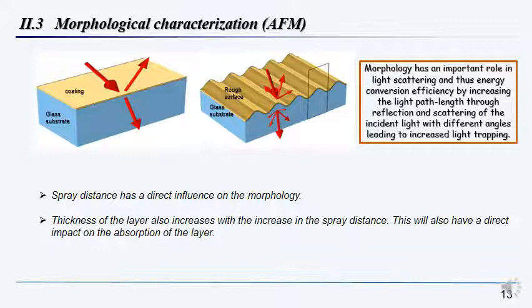Also, it is useful to mention that it has an indirect influence on the haze factor of the TCO layer that will increase as the spray distance increases. And furthermore, we have seen that the thickness of the layer also increased. This will have a direct impact on the absorption of the layer.